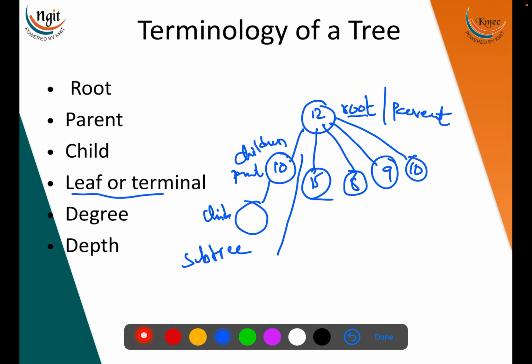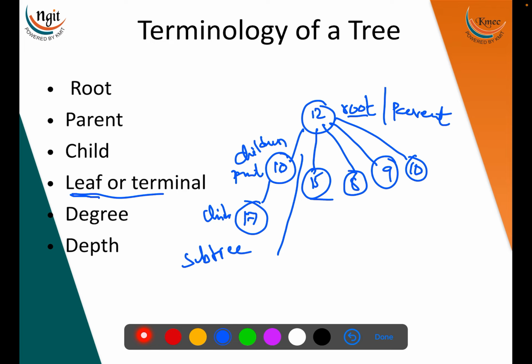Now, what do you mean by leaf and terminal? Leaf and terminal both mean the same: the nodes which don't have any children. Assume that 10 has one child, which is 17. Now 10 is not called a leaf.